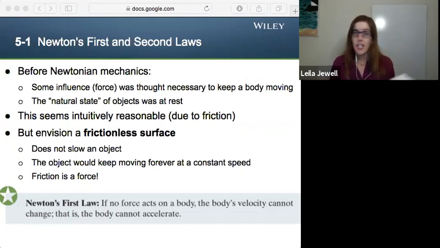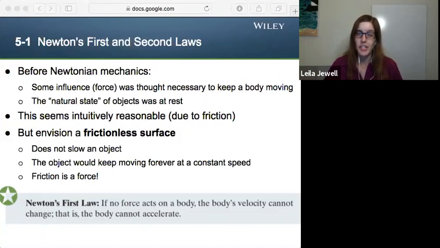That's what you see in outer space, right? Once things start moving in outer space, they can keep going forever. So this tells us, hey, friction is a force that's acting on the object to cause it to come to rest. So this leads us to one framing of Newton's first law, that if no force acts on a body, the body's velocity cannot change.